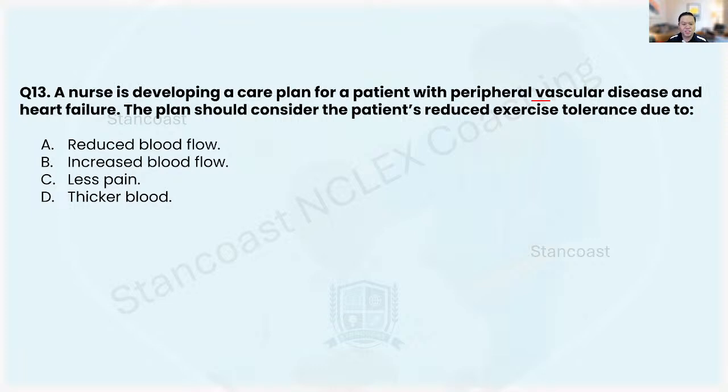The plan should consider the patient's reduced exercise tolerance due to A, reduced blood flow, B, increased blood flow, C, less pain, D, thicker blood.